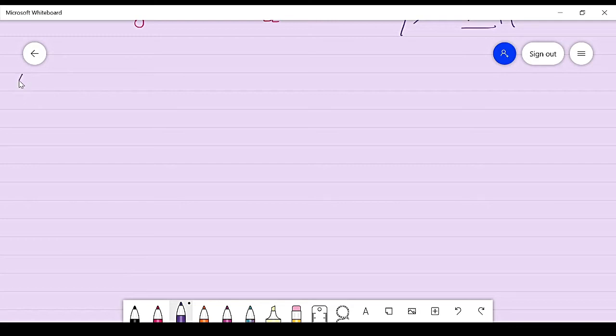Now, what are analytic functions? Then we will discuss the difference between analytic function and differentiability. Basically, it is an extension of differentiability.